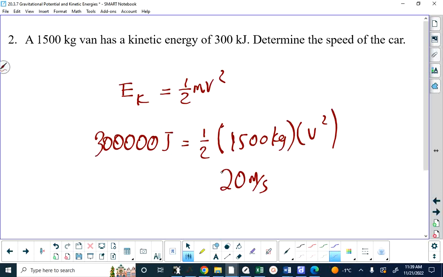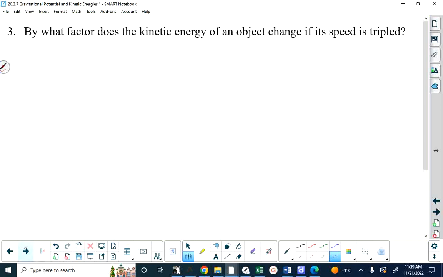I think we have one last example. Okay. By what factor does the kinetic energy of an object change if we triple the speed? Do you know, Alex? Right. Excellent. You explain why. Right.